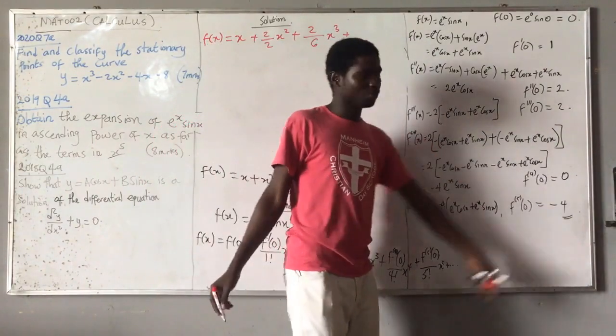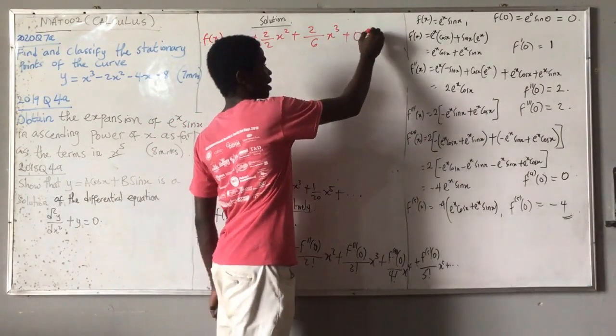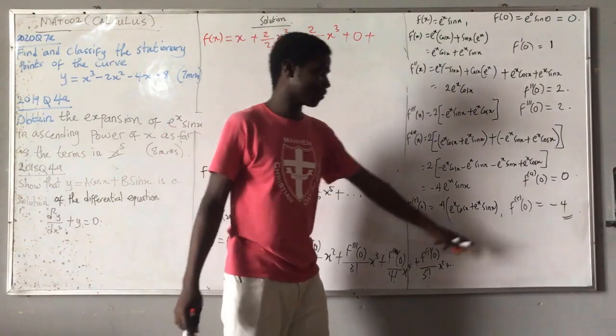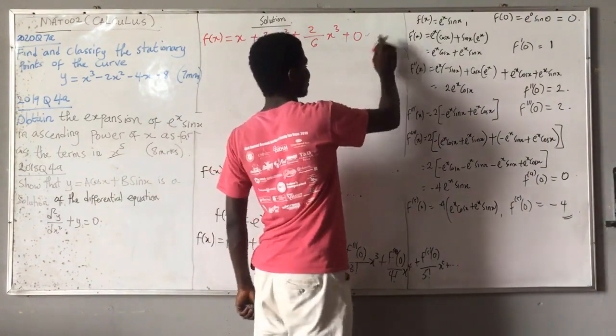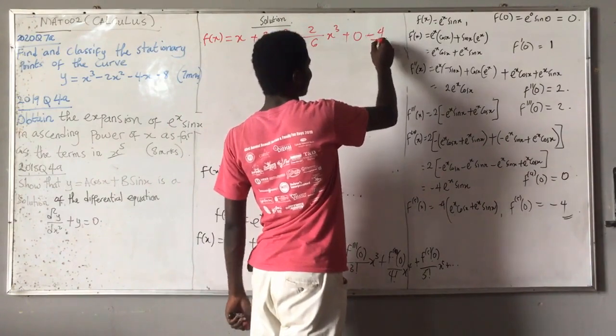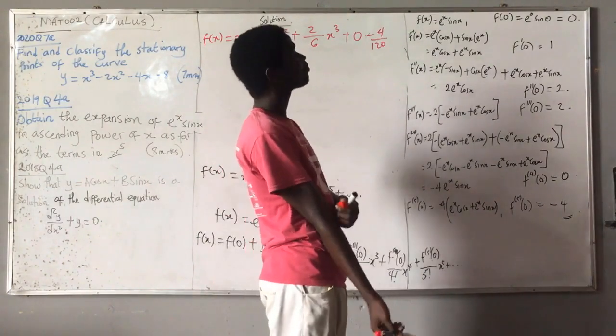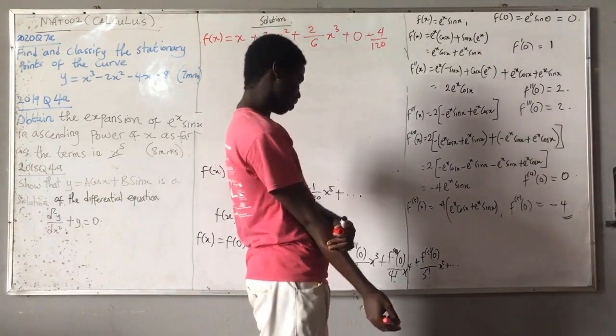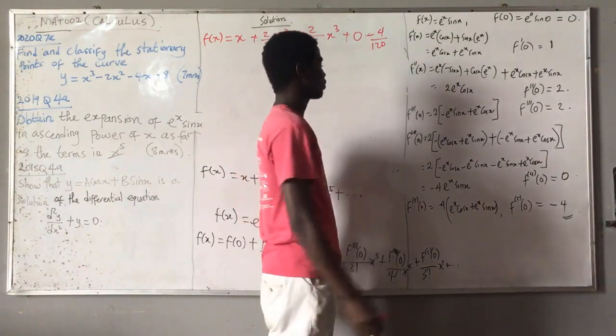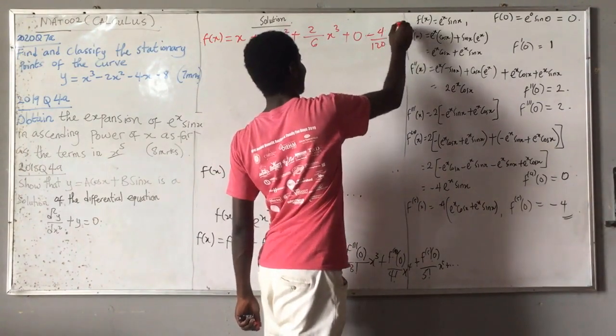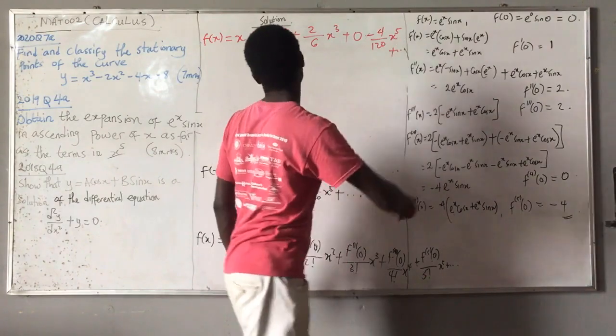F4 is 0. 0 times anything is 0, so I don't need to rewrite it. F5 is minus 4. So this one will be minus 4 over 120. 120 is 5 factorial. 5 factorial is 120. So s raised to power 5, then dot dot dot.